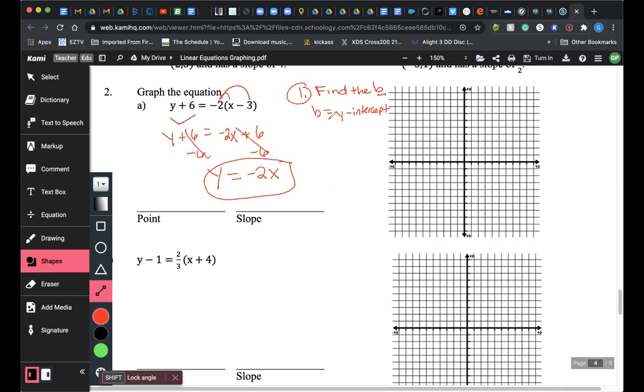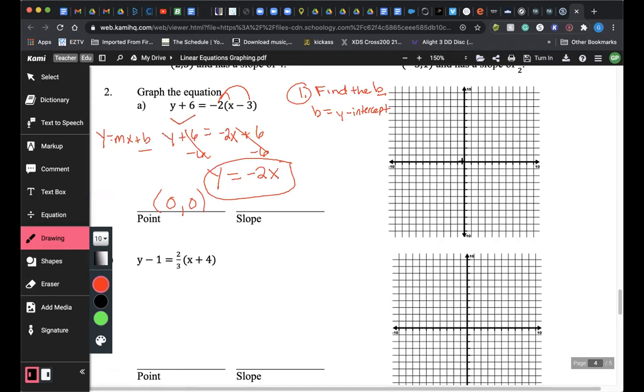So the first step is always to find the b, right? Where is the b in this equation? Y equals -2x. The b is always after the x value. So what's the b? There's no b. So it's what? It's 0. Okay, so we're going to start there in the middle at 0. That's going to be my first point.